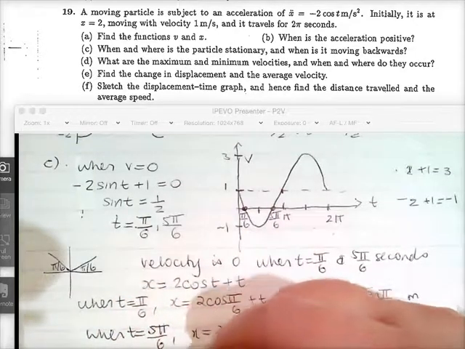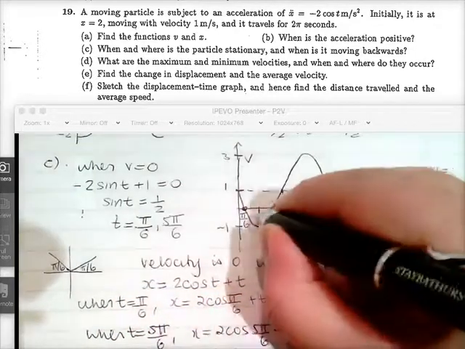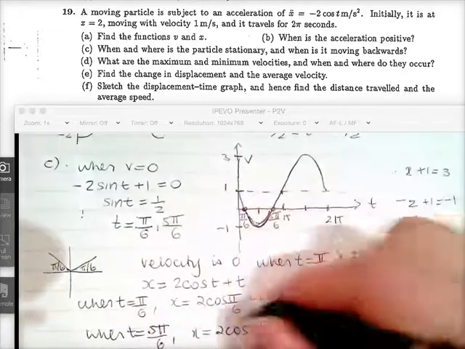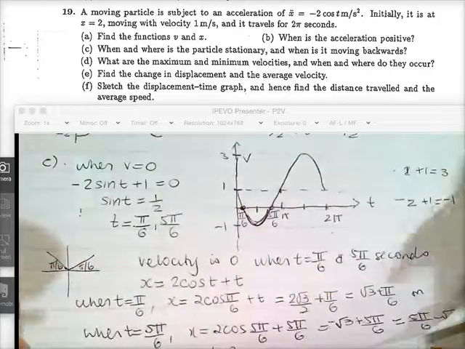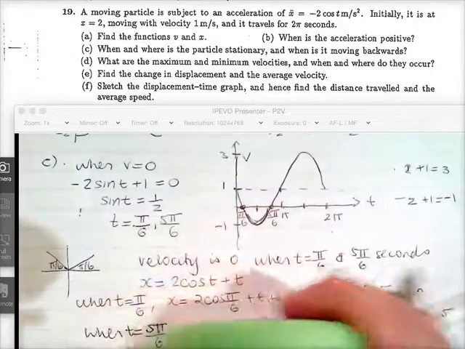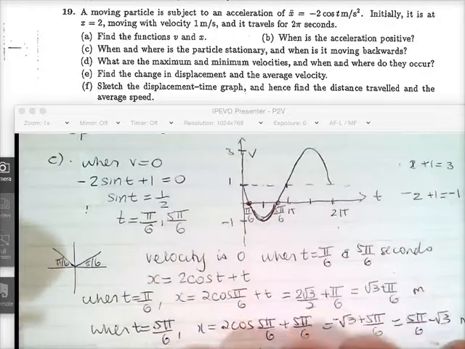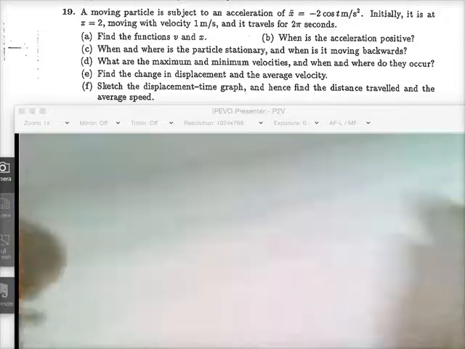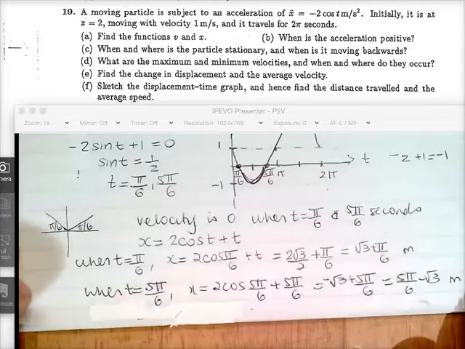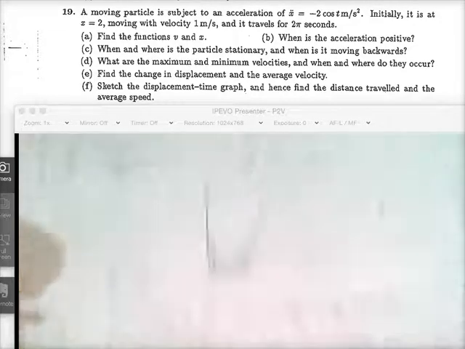So velocity is negative down here. I'm going to have to fit that somewhere else. Just a bit squashy down there. I'll just put it over the page. So the velocity is negative between pi on 6 seconds and 5 pi on 6 seconds.